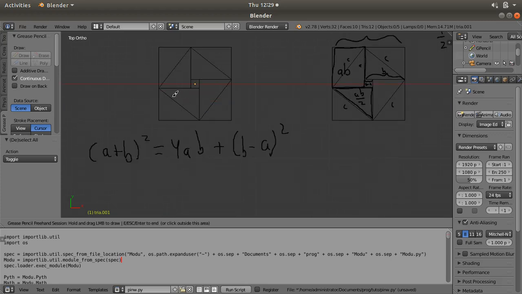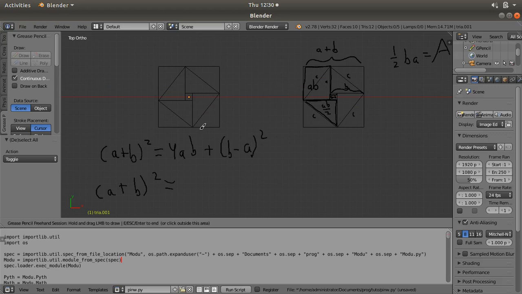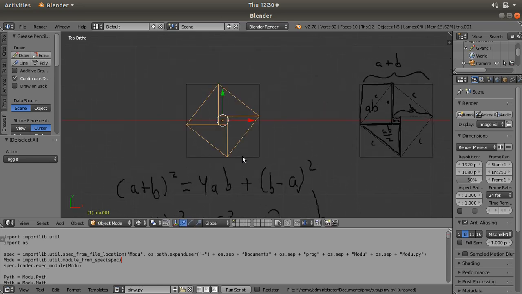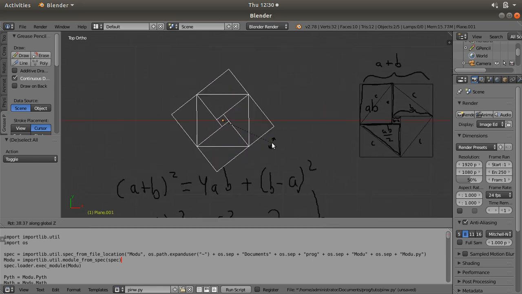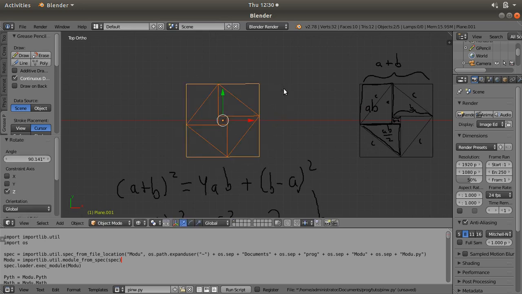You can combine them in a few more ways. You could use c squared, and then what's left is 2ab. You could kind of rotate this, and here you have b squared.